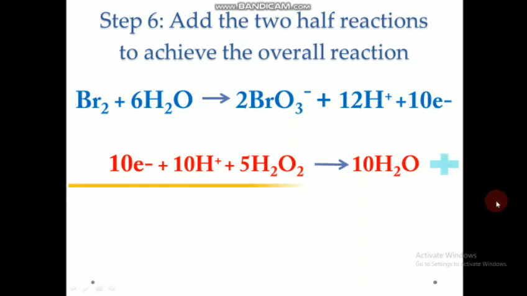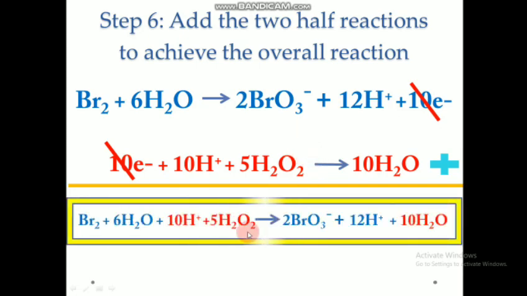Taking the sum of these two reactions, we can cancel off the electrons on both sides. In the reactant side we have 10 electrons, and in the product side we have 10 electrons, so we can cancel them off.